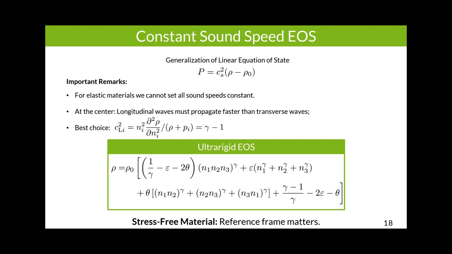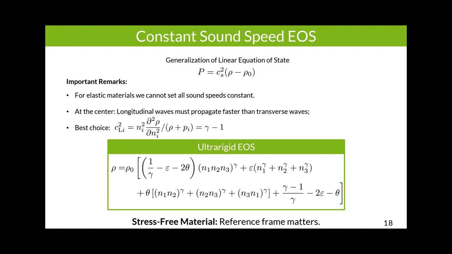So the best choice that we have to make the most rigid object possible in elastic theory is by assuming that the longitudinal waves are constant, and in particular, we're going to put this constant to be the speed of light. So this will give the most compact elastic material. So the calculation is a bit complicated, so you need to solve this differential equation here to build the equation of state.